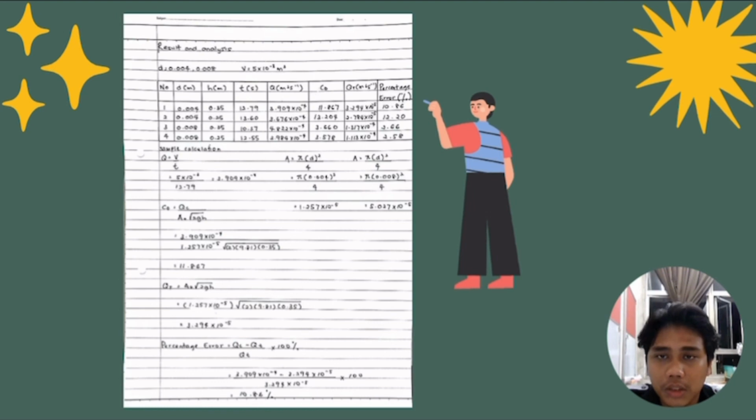To make our calculation easier, we create a table. In our table we have numbers, diameter, head, time, flow rate, theoretical discharge coefficient, theoretical flow rate, and percentage error.